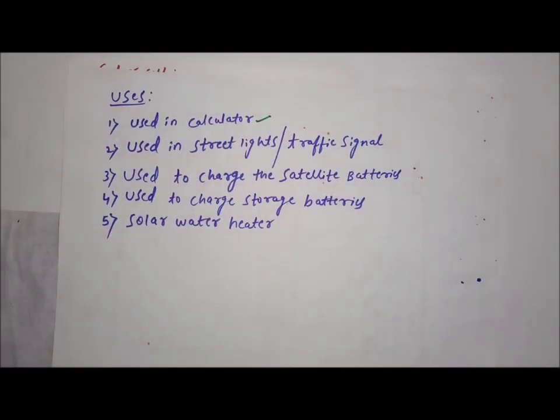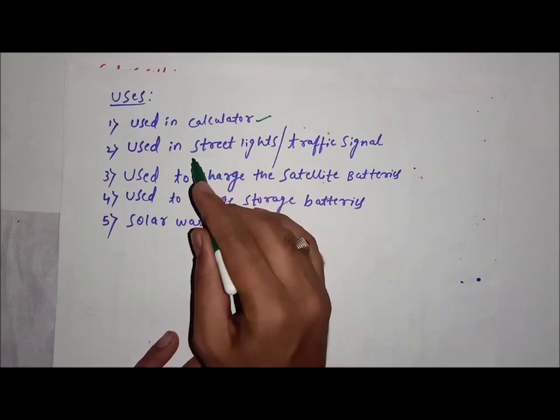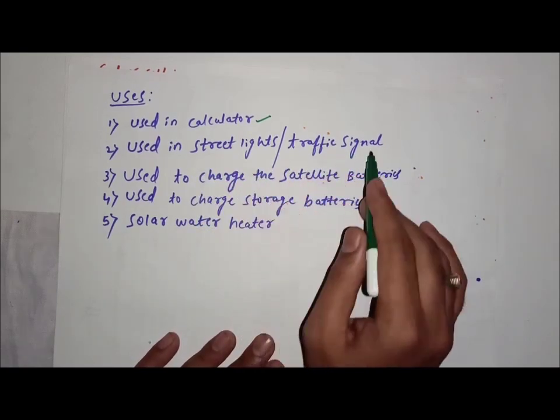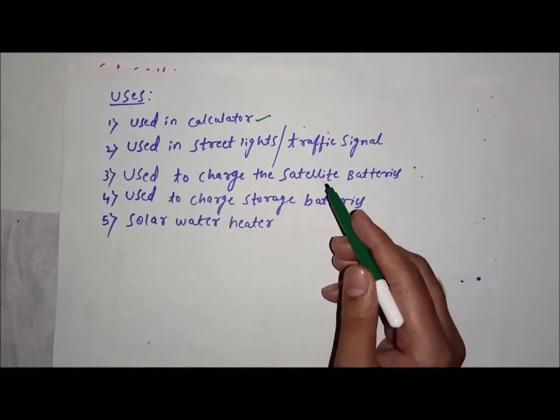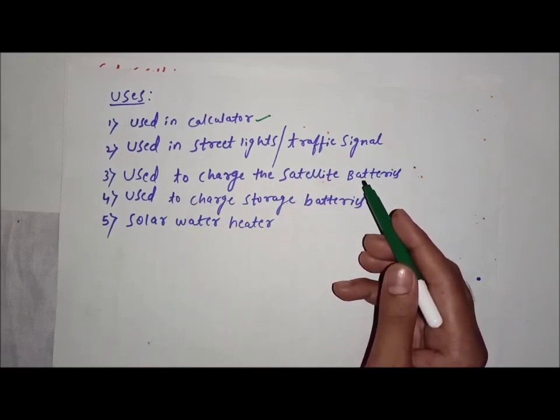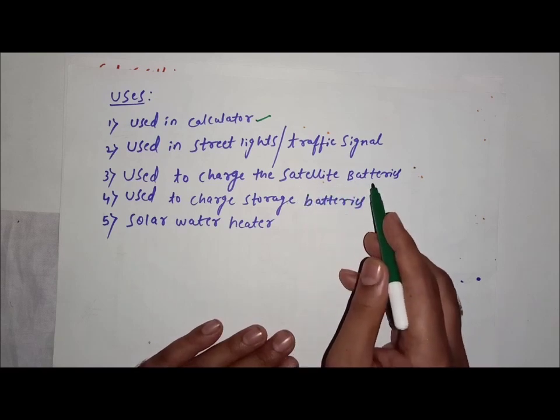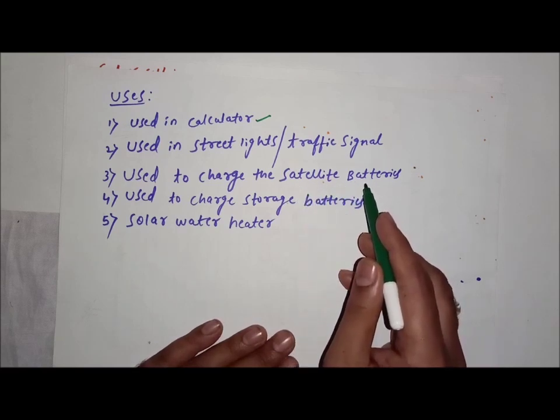And next, they are using it in street lights and traffic signals to produce light, and to charge satellite batteries. In a satellite, that is artificial satellites, who is going to supply the power?